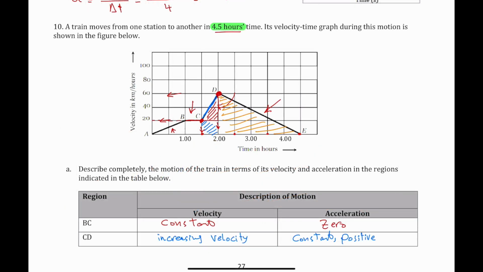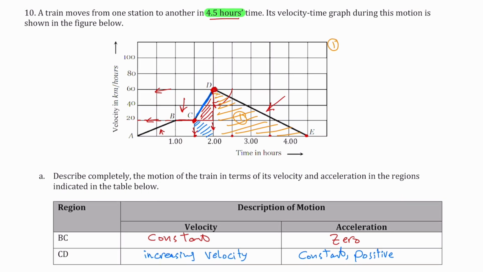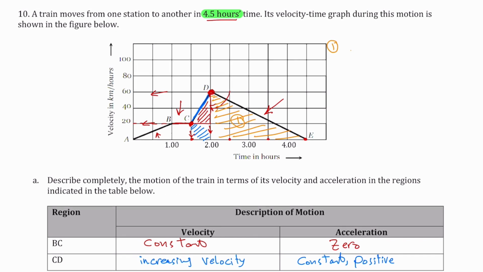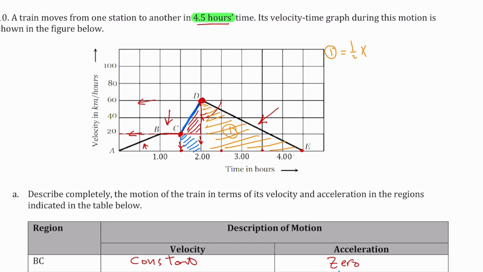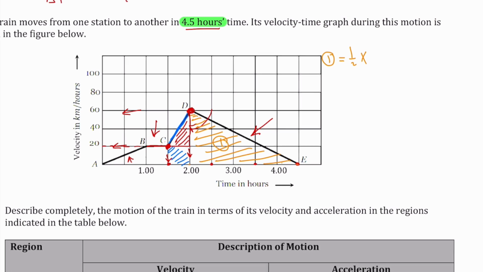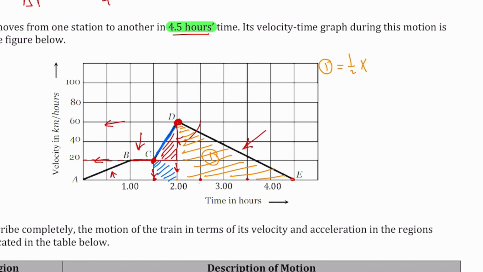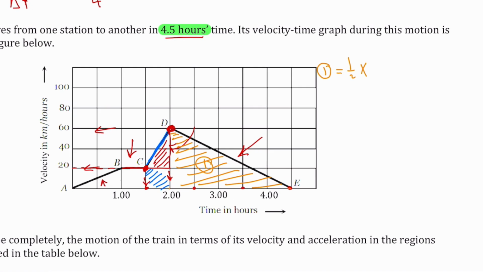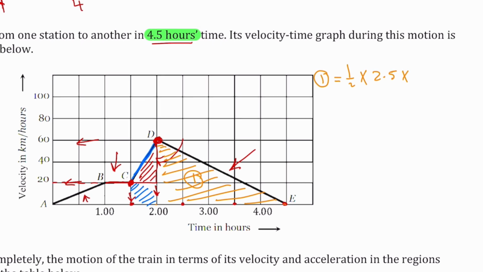So let's start with this area. Let's call it 1. So area 1, which is the area of a triangle, equals half times the base, from here to here. So it's 2, 3, 4 and a half, which is 2.5, times the height, which is 60.